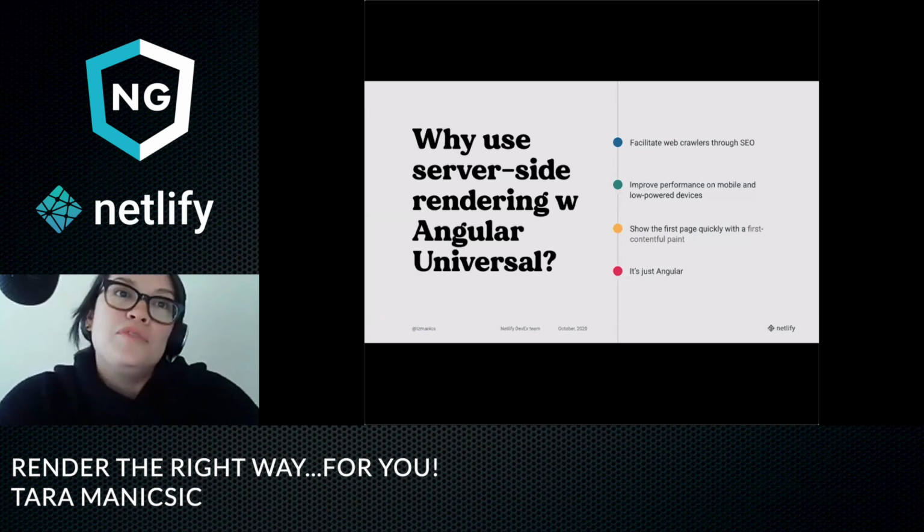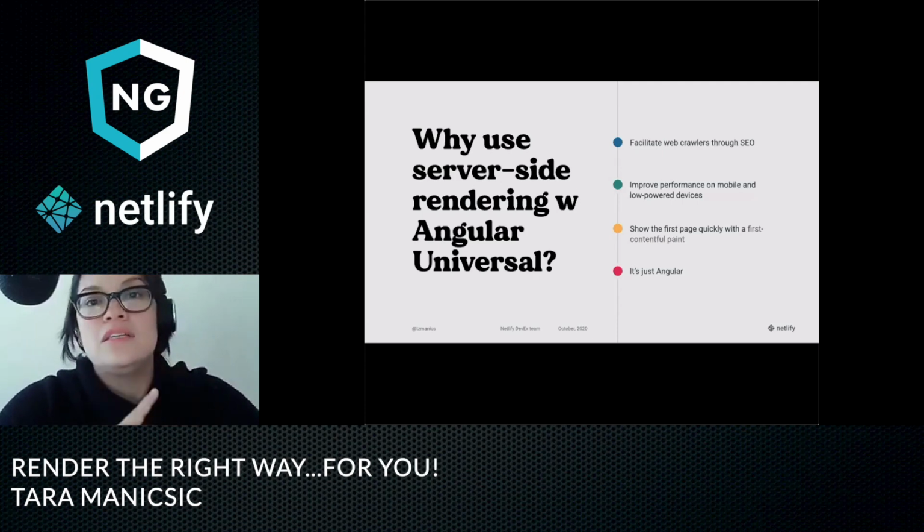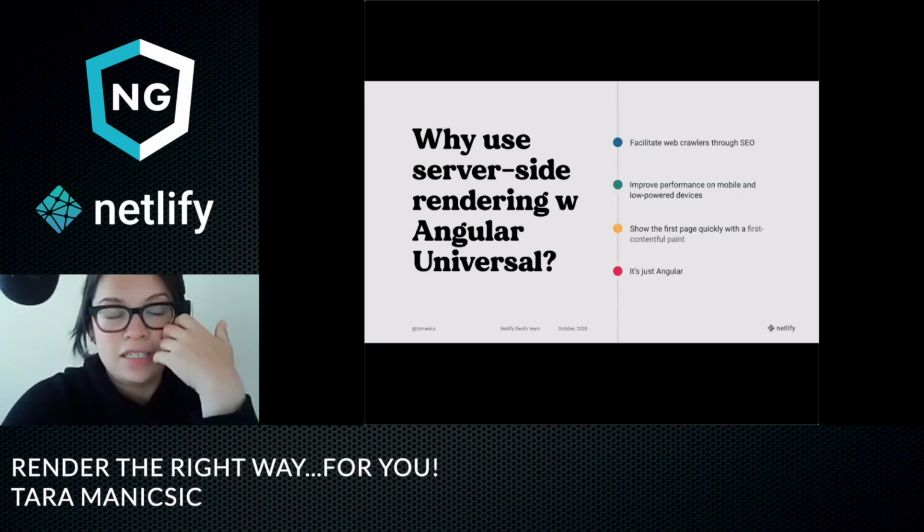It also improves performance on mobile and low-powered devices. This is because, again, you're not making all of these data requests just to render it, and you can also take advantage of caching.